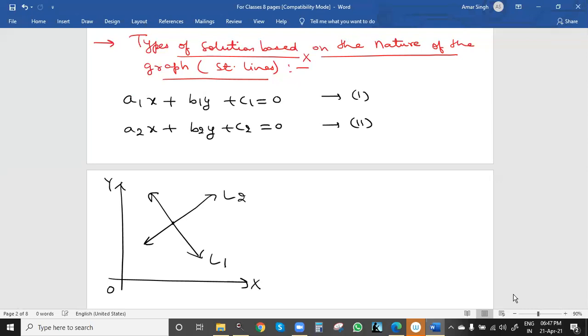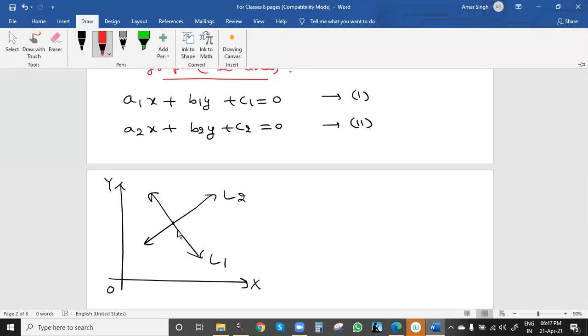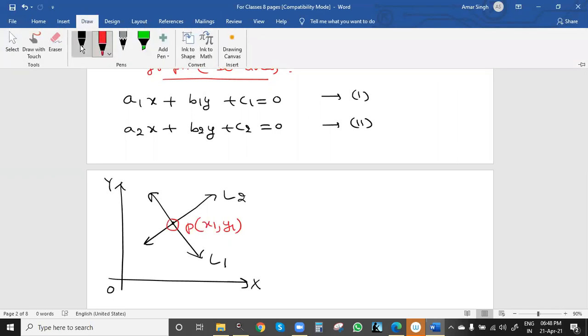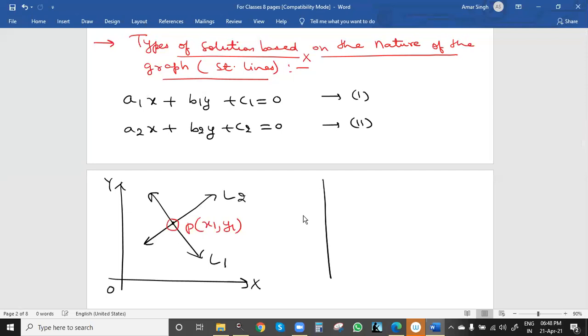This point we can mark as P, x1 comma y1, which is the solution of these equations, the final values of x and y, the coordinates of the point of intersection of these two lines. This can be one possibility. Now the second possibility can be like this.